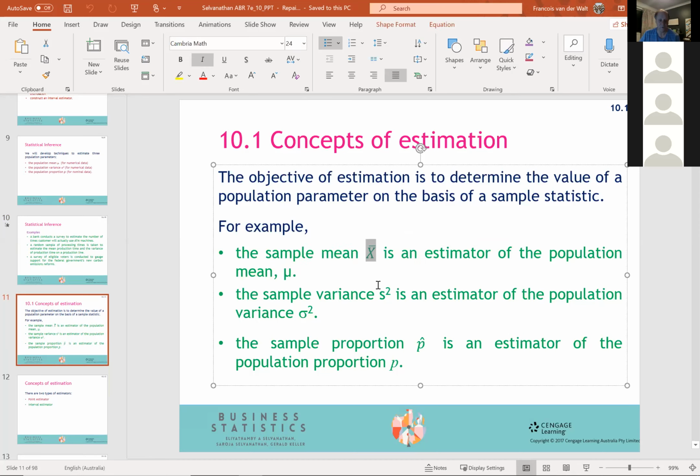This is called an X bar. And we're going to use the sample variance to estimate the population variance. And similarly, if we have a population with proportions, we use the sample proportion to estimate the population proportion.